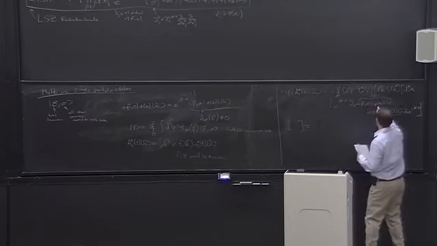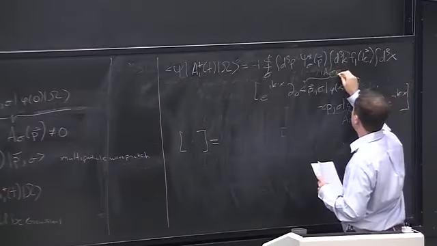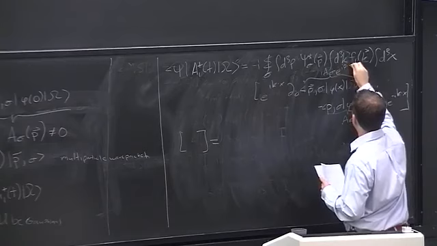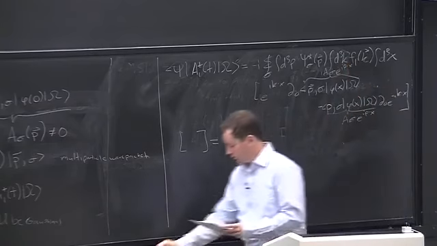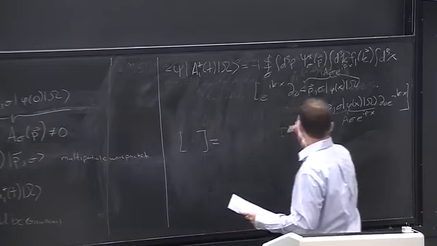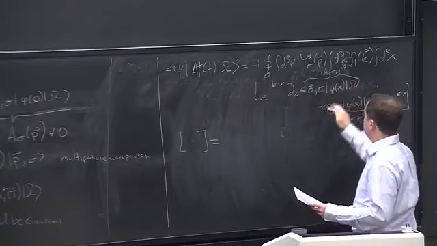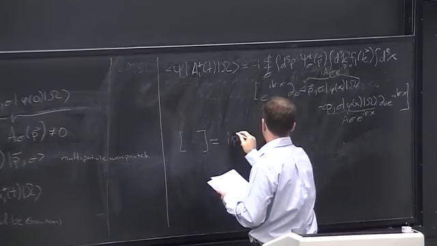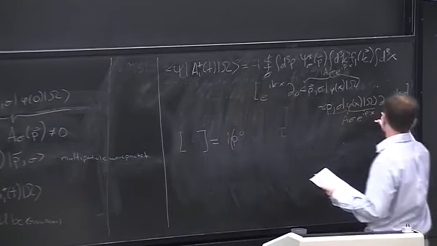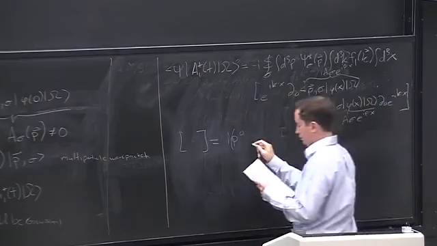A sigma would just be if there's a 0 here. So we have an e to the i p dot x, e to the i k dot x. So this part, we take the derivative, we just get a p0. And if we take the derivative over here, we get a k0.